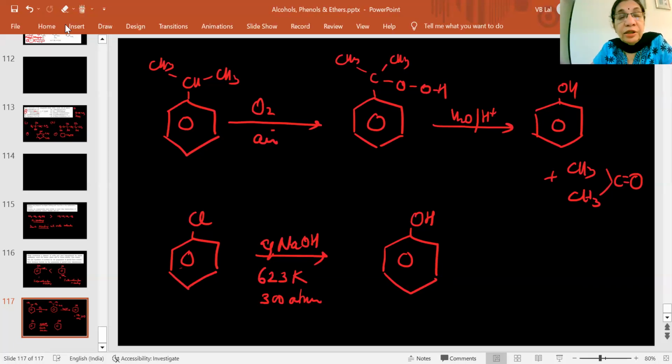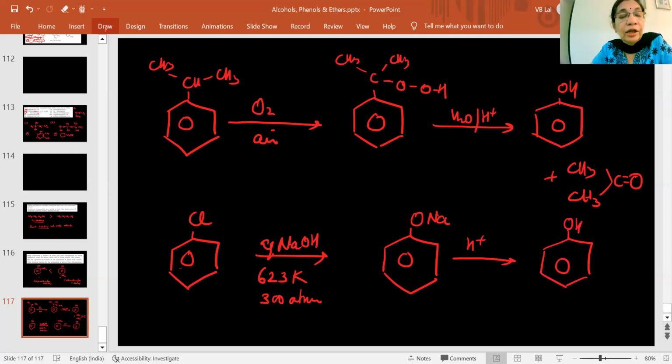In addition to this, NaOH, which is there as a reactant, reacts with phenol and gives you sodium phenoxide. So first, you will not get phenol directly. You will get only sodium phenoxide. And then when you add H+, that is a specialty of this reaction, you will get phenol.